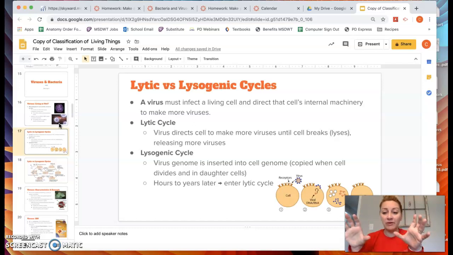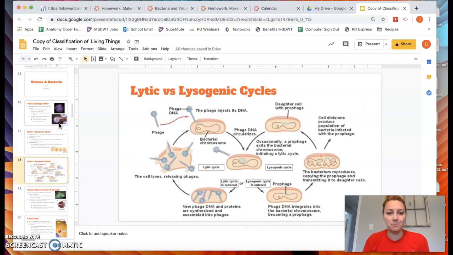And then when those split, we have 4, and then 8, and then 16, and then 32, and then 64, and then 128, and keep going exponentially. When that happens, then after so long, those cells enter the lytic cycle, and then they also explode open with viruses to then infect more and more of the cells.